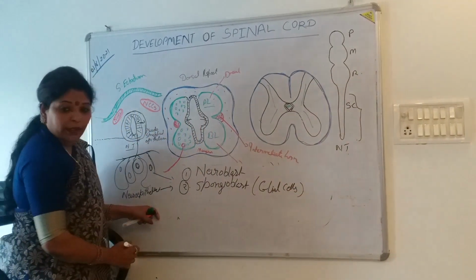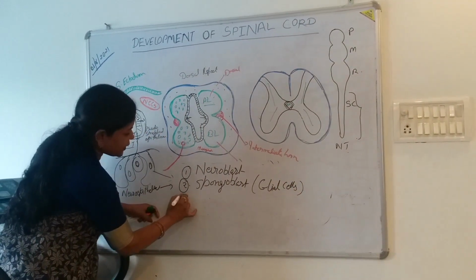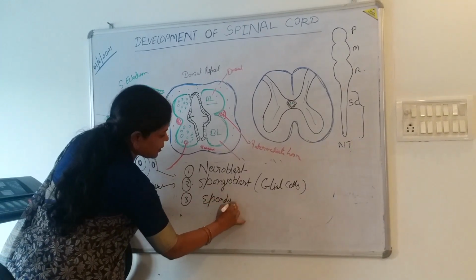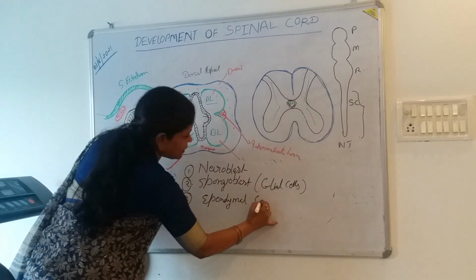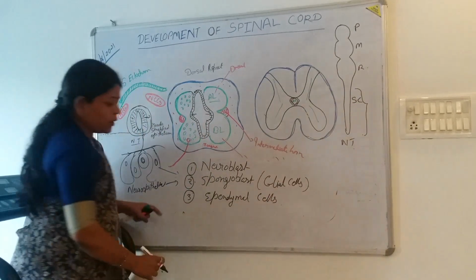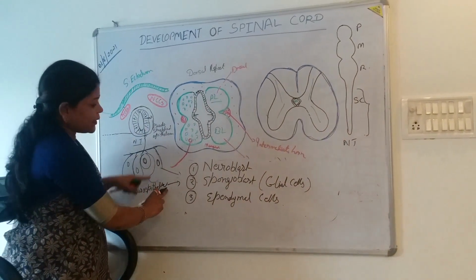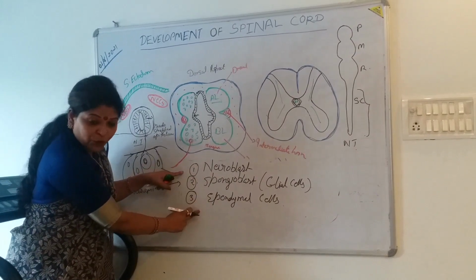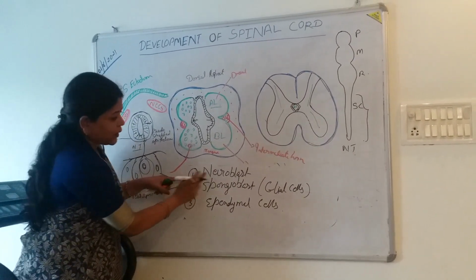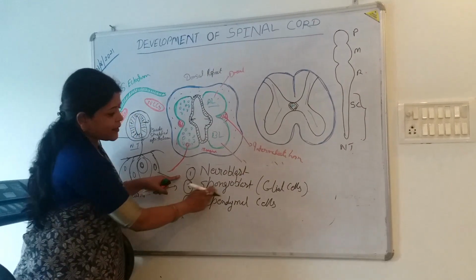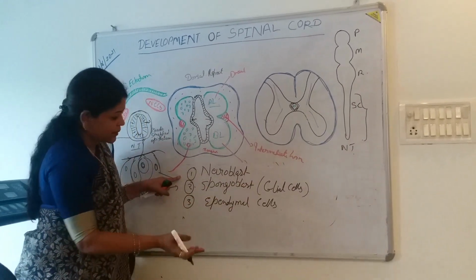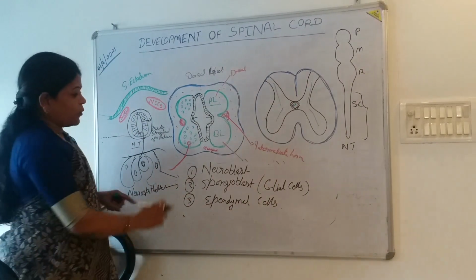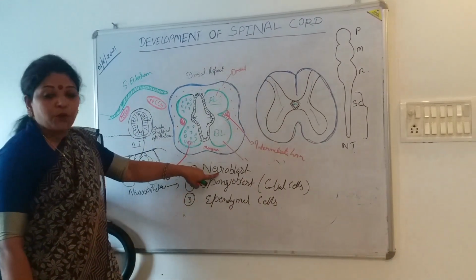And the third one, which lines the cavity, is the ependymal cells. So look here, these neuroepithelial cells will give three types of cells in the future spinal cord formation: the neuroblast, the spongioblast or glioblast cells, and the ependymal cells.